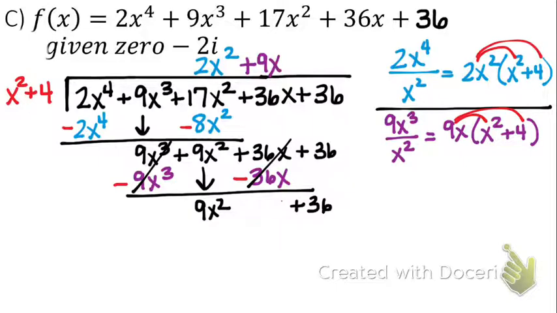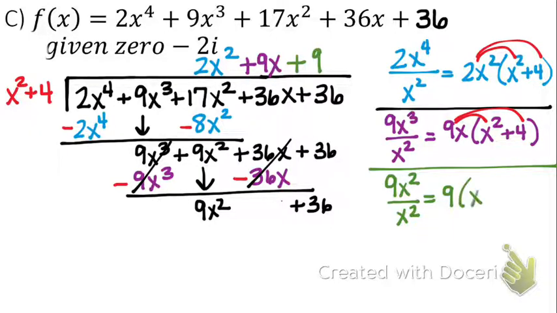And let's do that rotation one last time. Take your 9x squared and divide that by x squared. 9x squared divided by x squared is 9. Put that at the top.